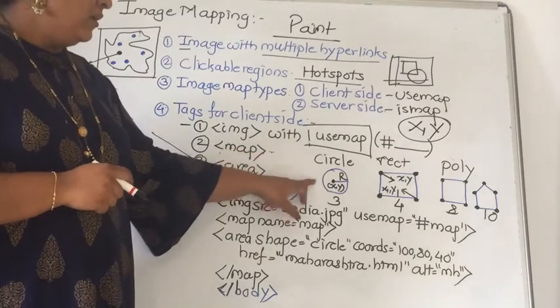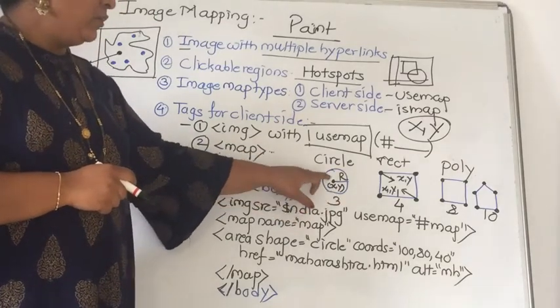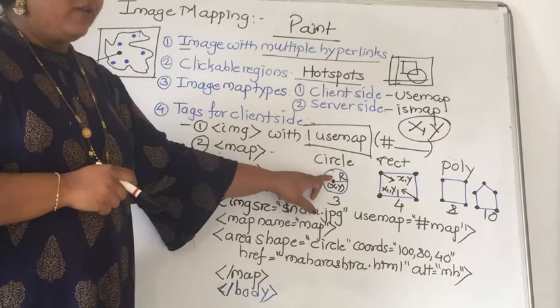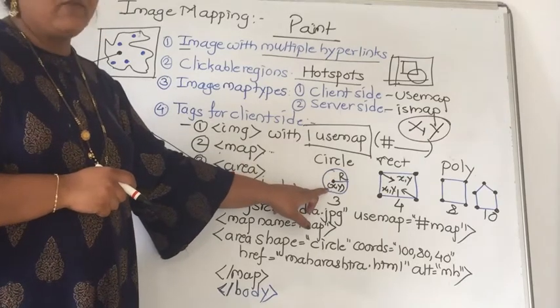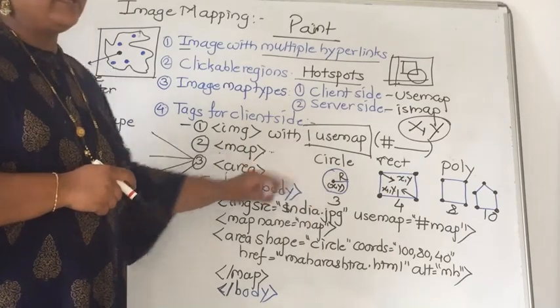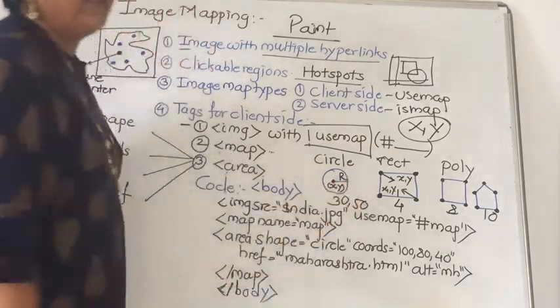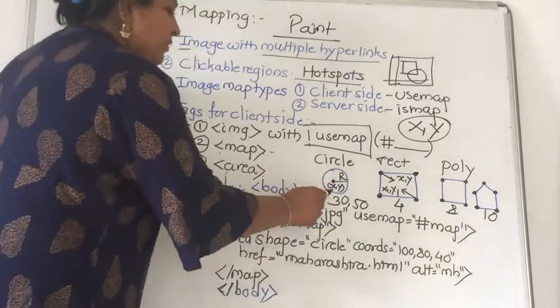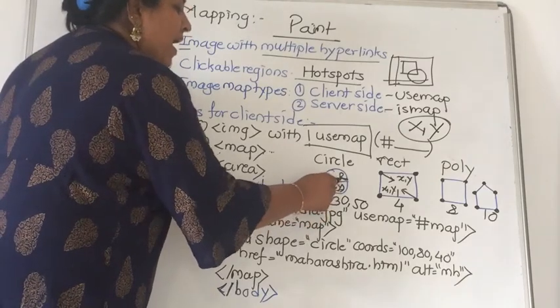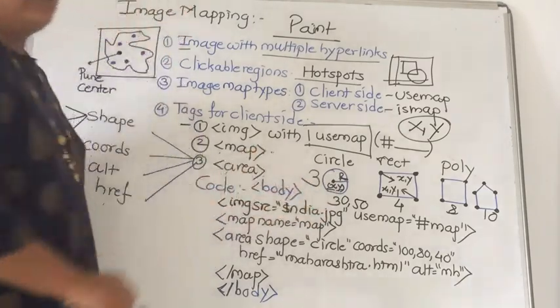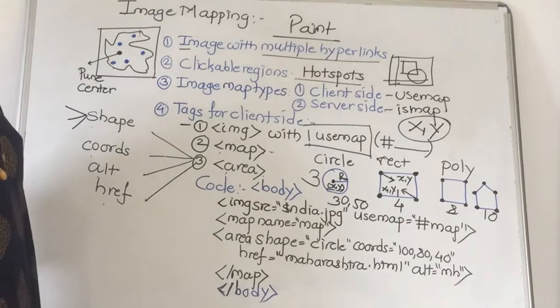For a circle, we have to imagine a center point which has the coordinates x and y, and the third one is the radius, which you should always take between 30 and 50. That means x, y and radius, these are the three coordinates for the circle.